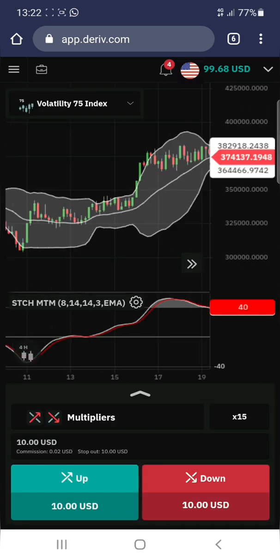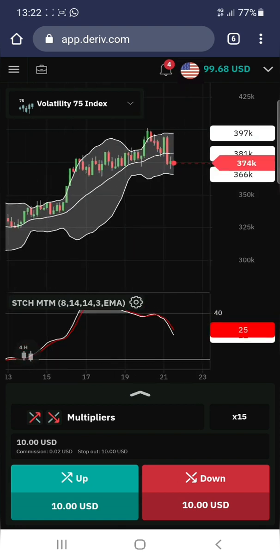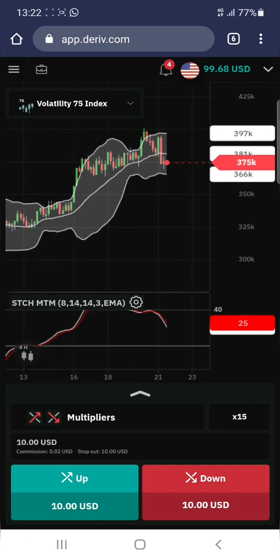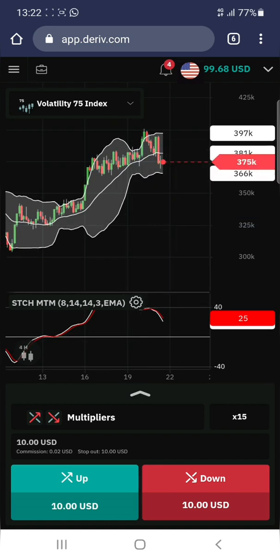Let me do a little bit of technical analysis. If you notice, the indicators I use here are the Bollinger Bands and stochastic momentum. You can copy the settings there. That's the setting I use. This particular one, I'm on the 4-hour time frame right now, and from what I'm seeing, this is an uptrend from down here, the lowest.